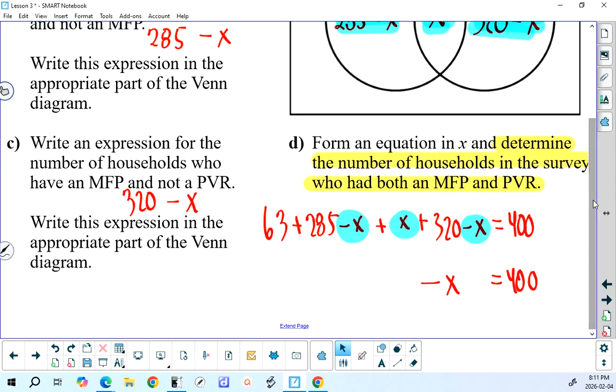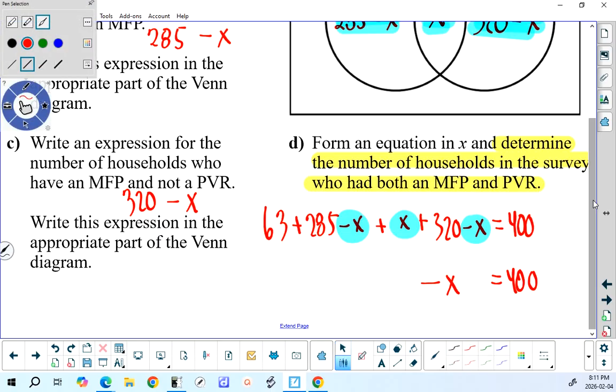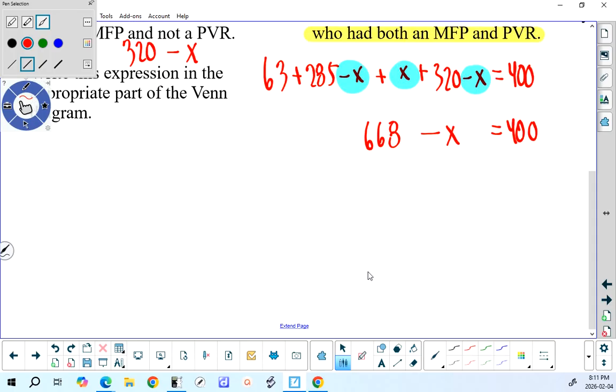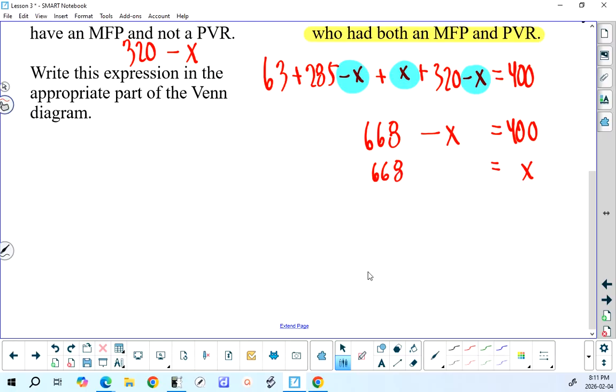So 668 minus x equals 400. If I add x to both sides and subtract 400 from both sides, what do I get? I get x equals 268.